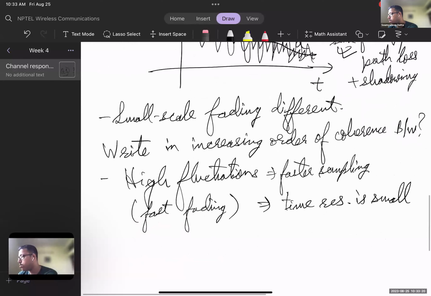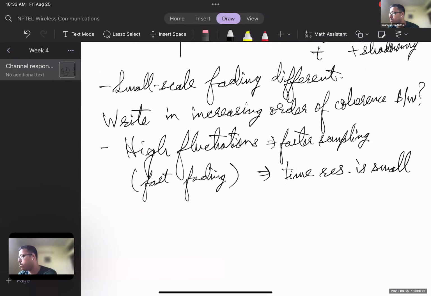And then the coherence bandwidth B is actually inversely proportional to this time resolution. Why? Because the higher the coherence bandwidth, that means we have a more flat fading, or sorry, a slow fading channel, right?